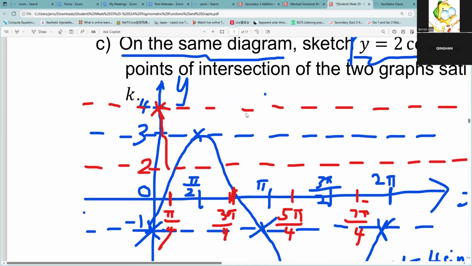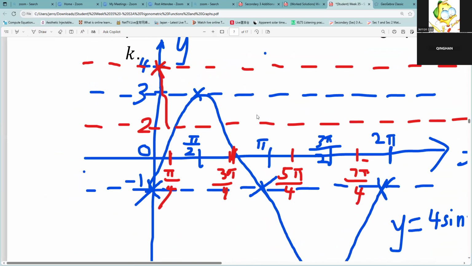Remember the shape is important. So over here, up, and it has to go down over here at the 2, and at 0 it will touch. So basically up, down, and then at pi over 2 it's supposed to go back to here.